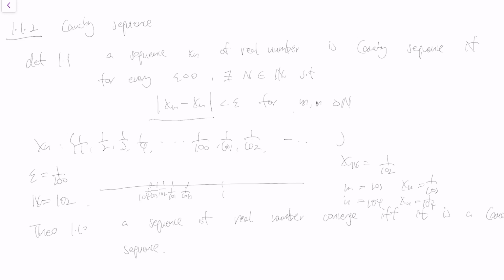Therefore the distance between these two points is less than our epsilon, which is 1 over 100. And for any m, n larger than 102, the distance between x_n and x_m is always less than that epsilon. So therefore this sequence is Cauchy.